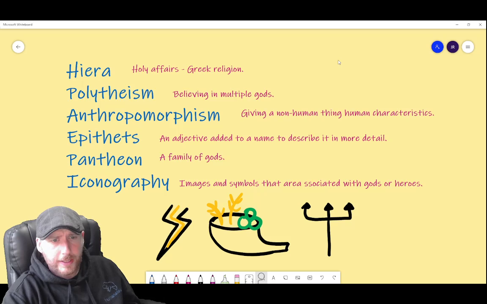Now, iconography helps us understand who various gods and goddesses are based on the things that they are associated with, the logos, the symbols that go with them.